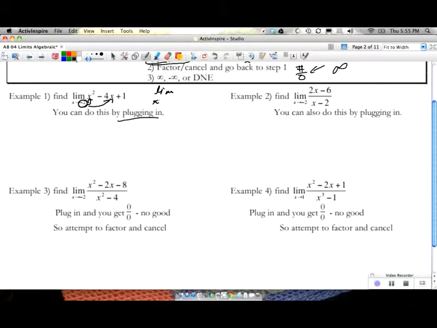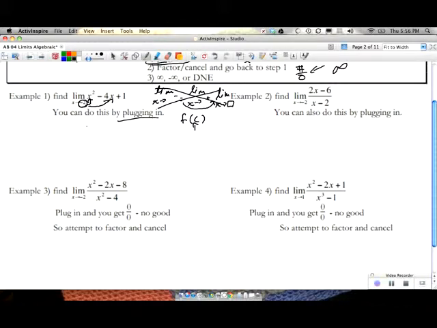Instead of looking at the limit as x approaches something from the left and the limit as x approaches something from the right, and seeing if those are equal, and then if that leads us to saying the limit exists as x approaches whatever that value is, we're skipping all that and just plugging in the value right here.